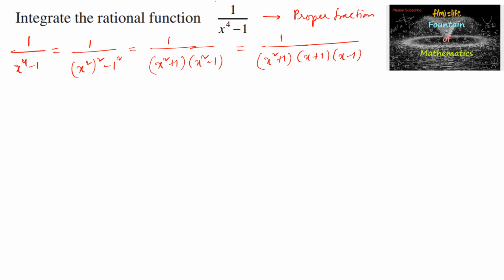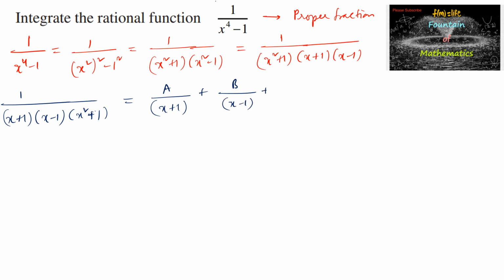We can resolve into partial fractions as 1 upon x plus 1 into x minus 1 into x square plus 1 is equal to a upon x plus 1 plus b upon x minus 1 plus cx plus d upon x square plus 1.